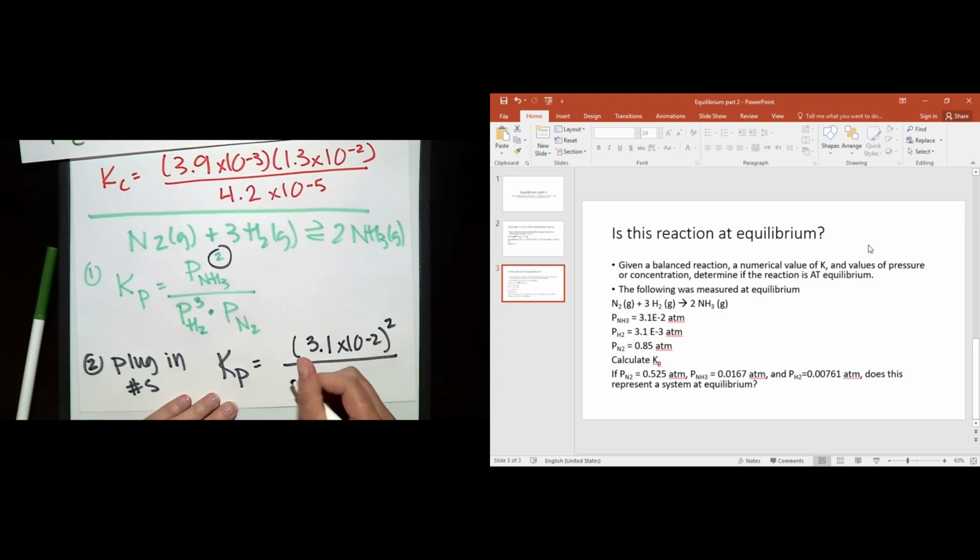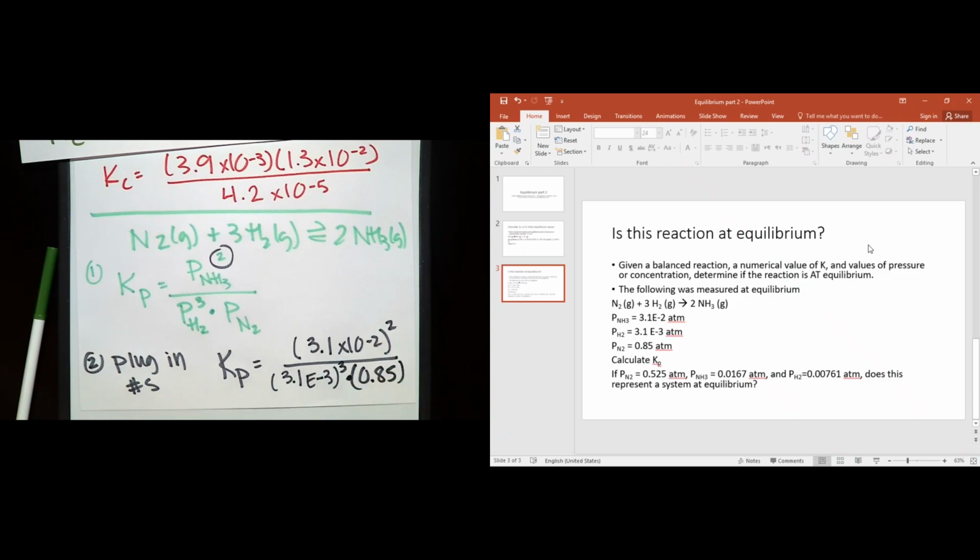For hydrogen, it's 3.1 times 10 to the minus 3 atmospheres. That one is cubed, and I'm multiplying these terms together on the denominator. The partial pressure of nitrogen is 0.85 atmosphere, and that's just to the first power or understood 1.